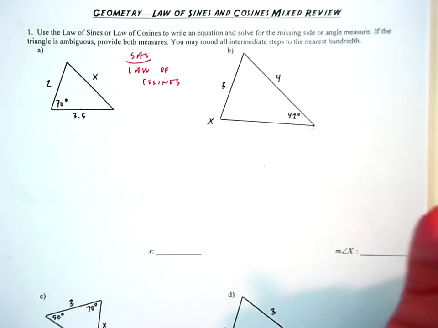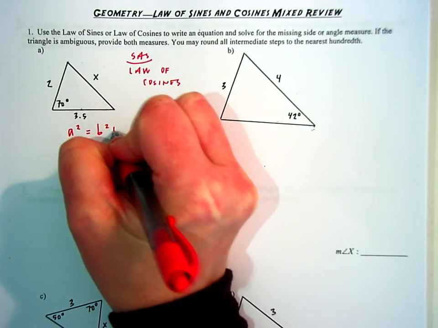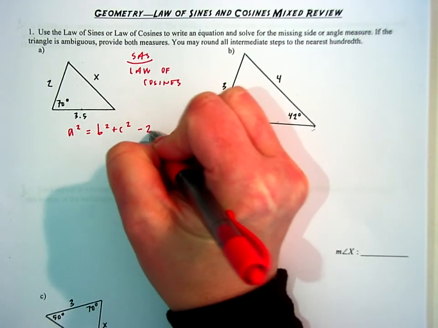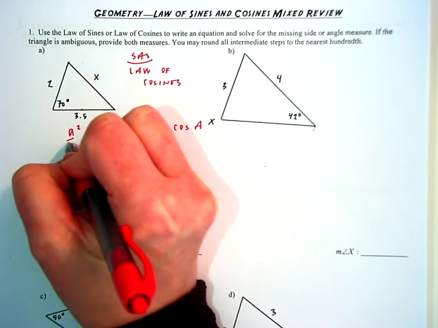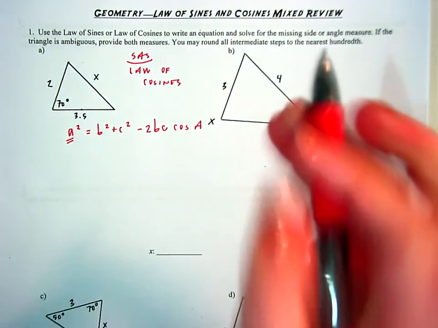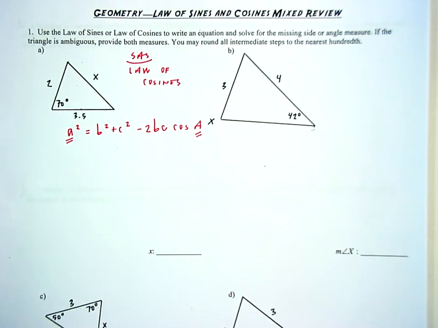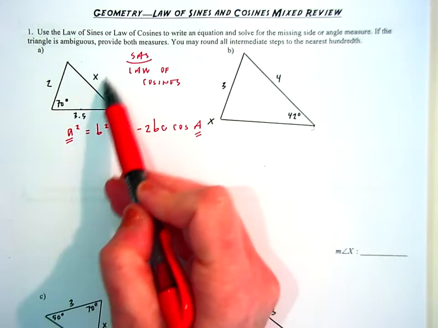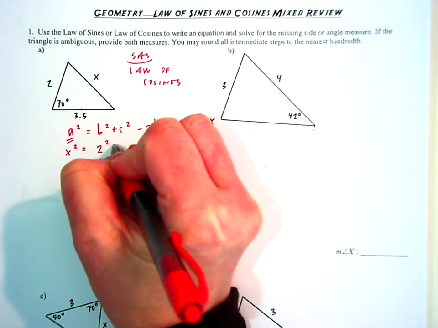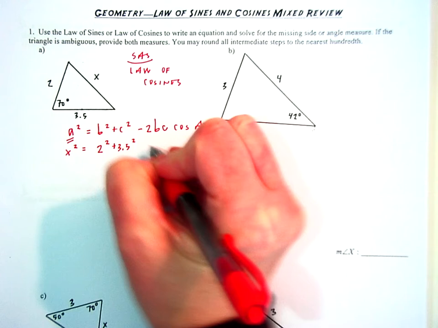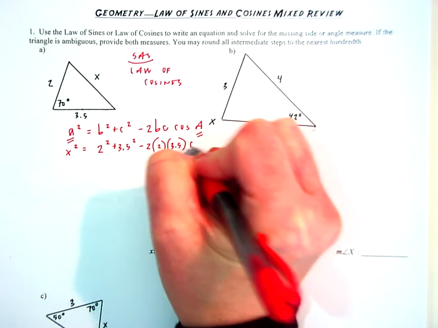So if I first just lay out the law of cosines, because it's been a while, I know it's going to be a squared equals b squared plus c squared minus 2 times b times c times cosine A. And I'm always solving for either here, an unknown side, or here, an unknown angle.